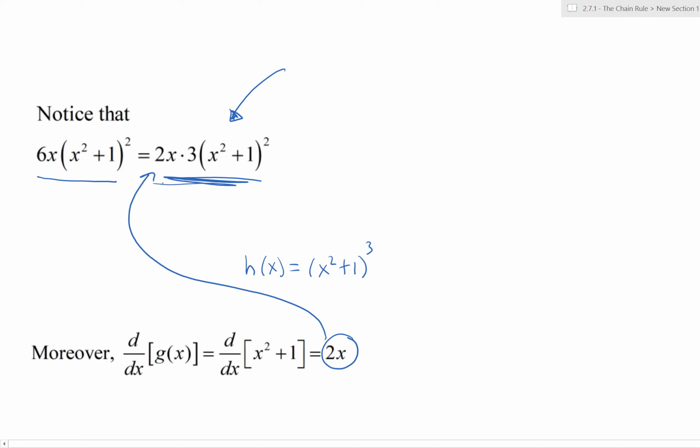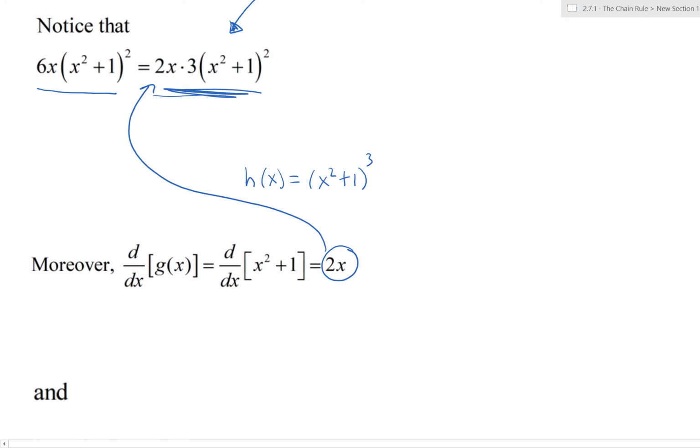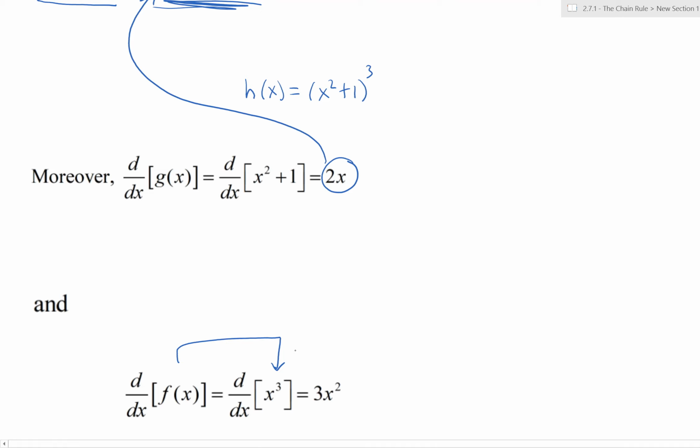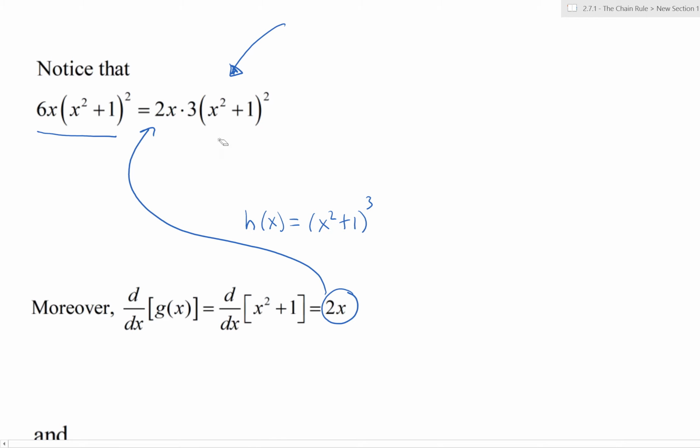Okay, the derivative of g has something to do with this here. But what about f? Remember that f of x in our composite function was x cubed. The derivative of x cubed with respect to x is 3x squared. Now we don't see the 3x squared in particular sitting around in our derivative up here, but we do see the 3 and then stuff being squared.